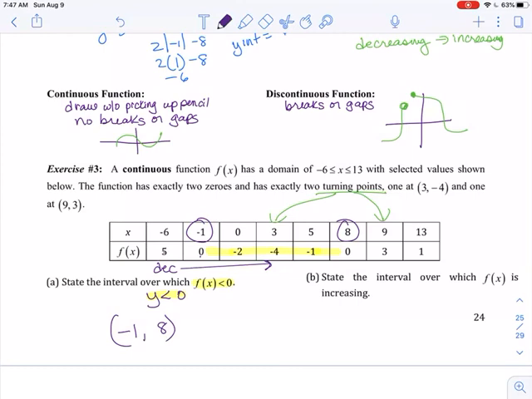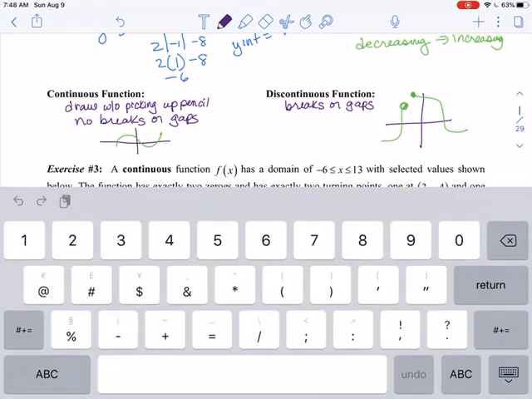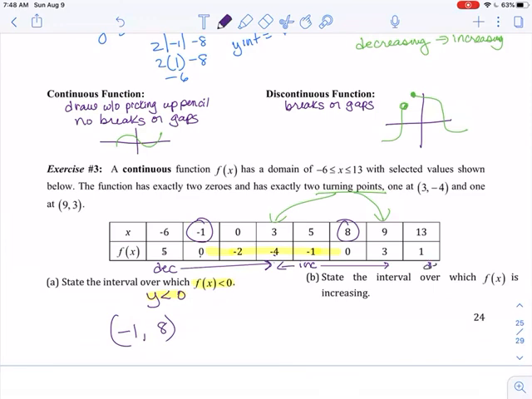So at this point, I start increasing. So this is sort of my turning point right there. So I'm increasing right here, 0, 3, and then I'm going to stop increasing because now I'm going to go down. Now I'm going down, so this is another decreasing right here.